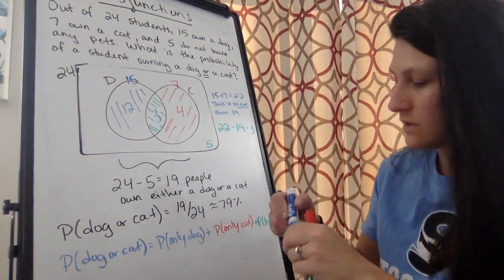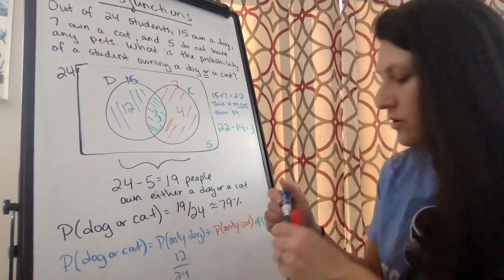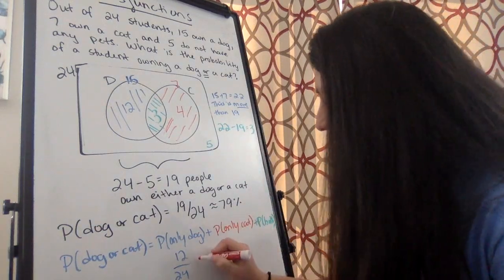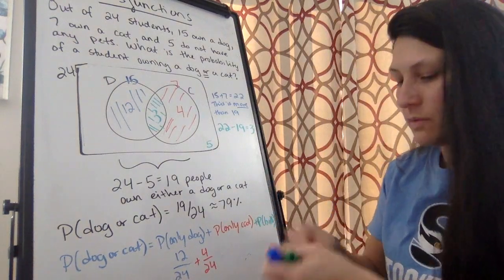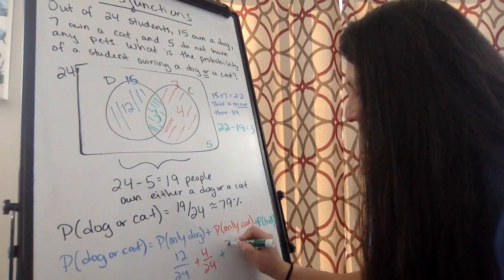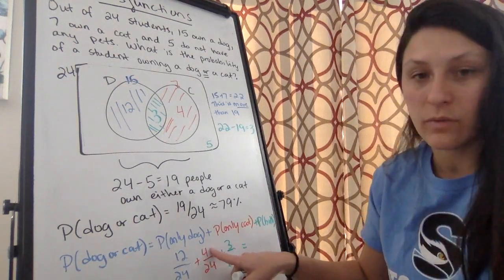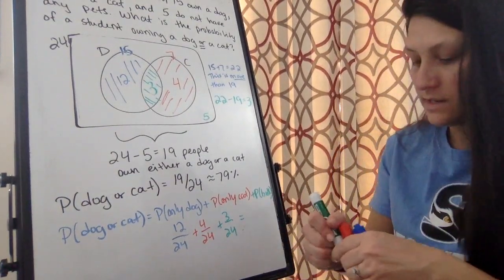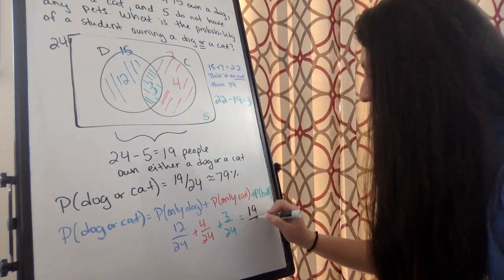Only a dog is 12 out of 24. Only a cat is 4. And the ones who own both is 3. And if you add all of these up, 12 plus 4 is 16, and 16 plus 3 is 19. So again, you see we get 19 out of 24.